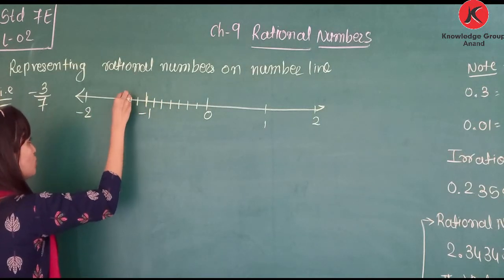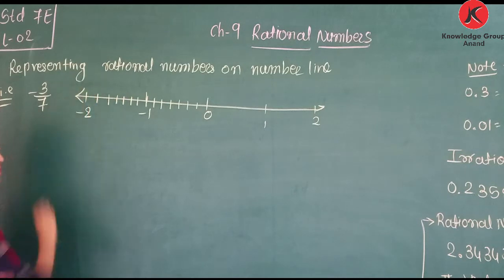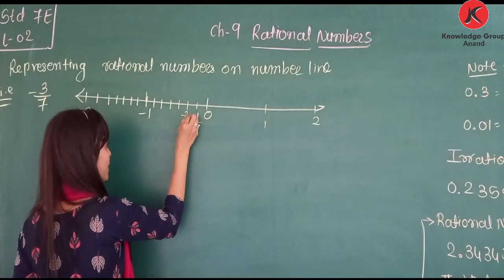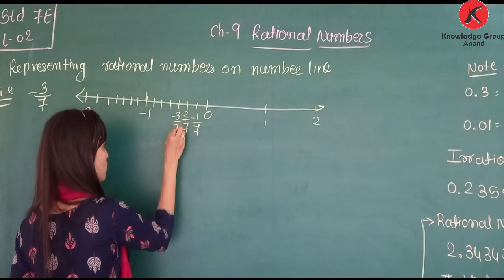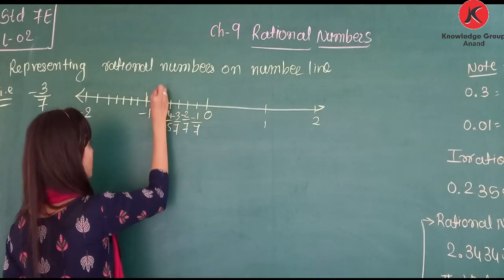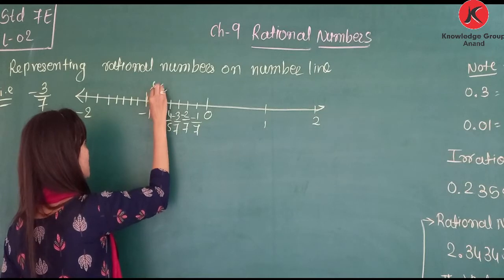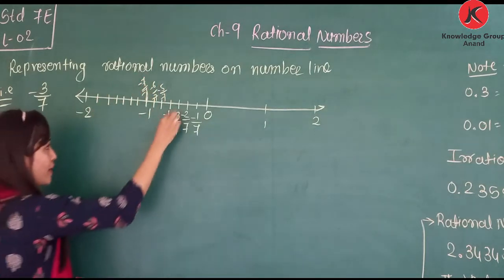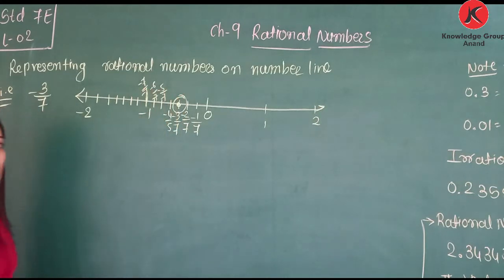Same, 2, 3, 4, 5, 6 and 7. So each part is minus 1 by 7, minus 2 by 7, minus 3 by 7, minus 4 by 7, minus 5 by 7, minus 6 by 7 and this is minus 7 by 7, which is minus 1, and minus 3 by 7 is here.